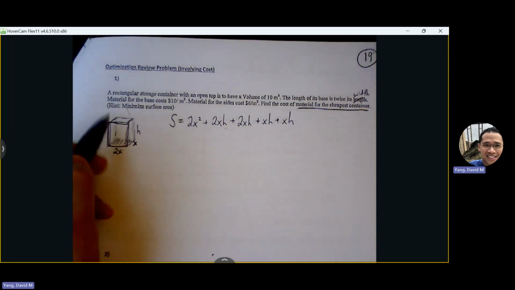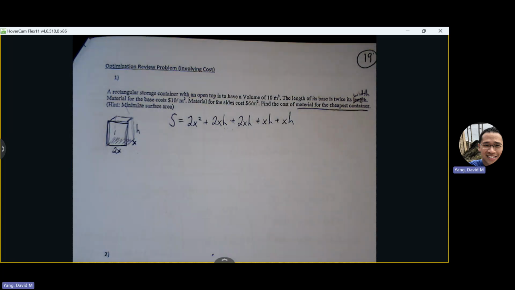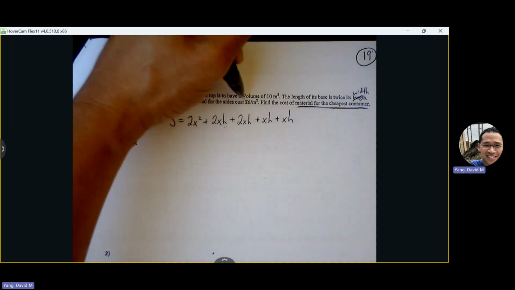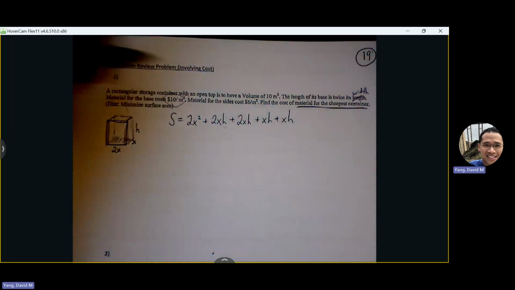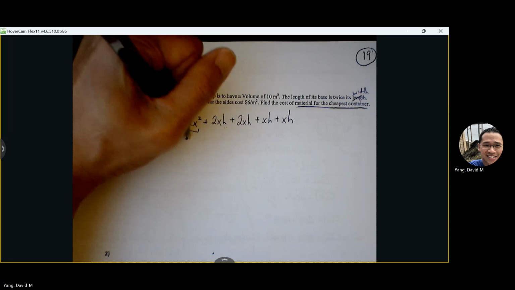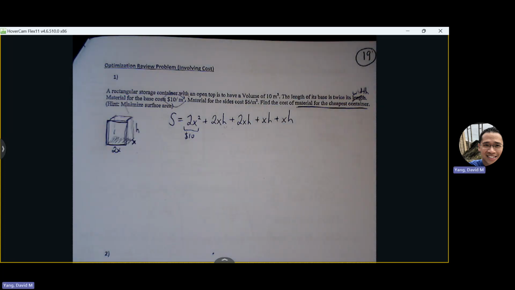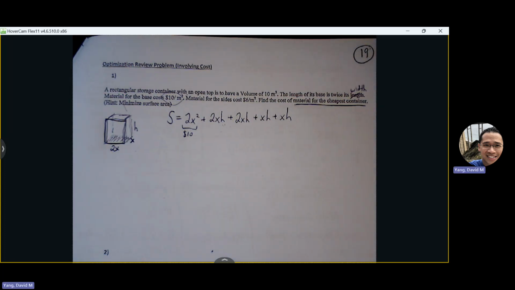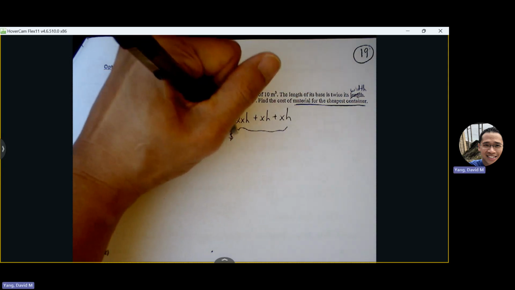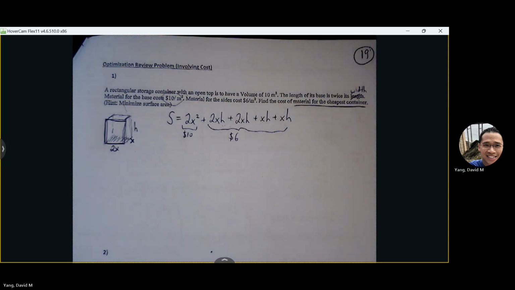Okay, so we're paying for the surface area. The cost is going to come from the material that makes up the size of the box. So we have $10 per square meter for the base, so we can multiply 10 into that component. And then the $6 is for the rest, so everything else is times 6.